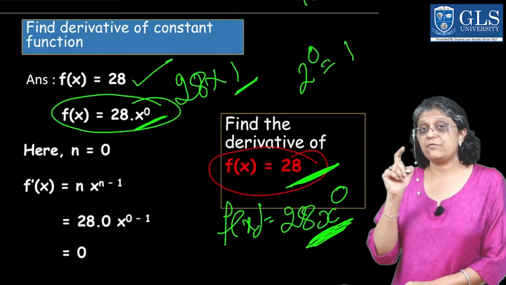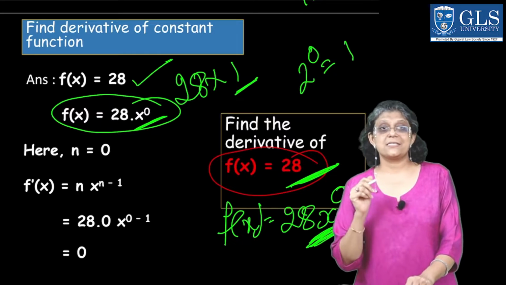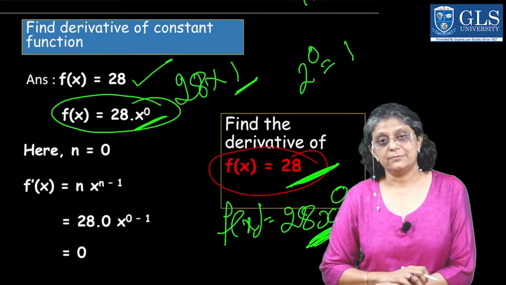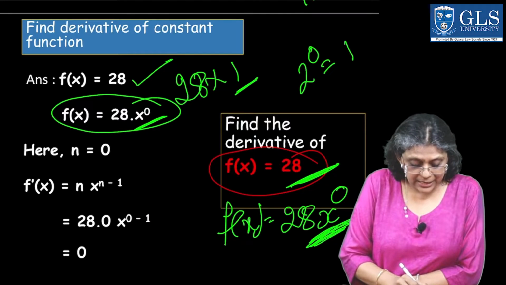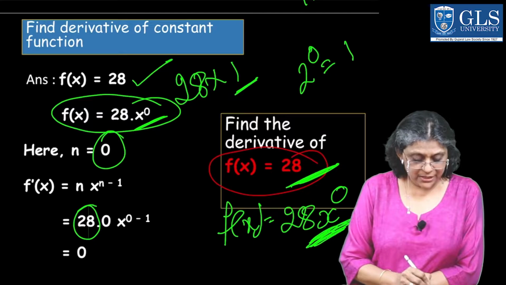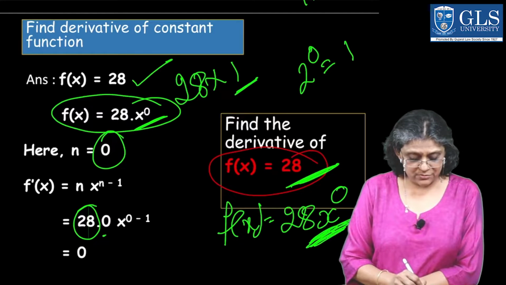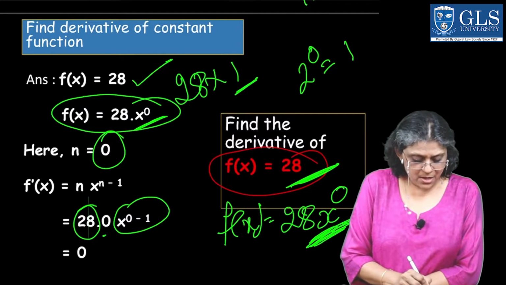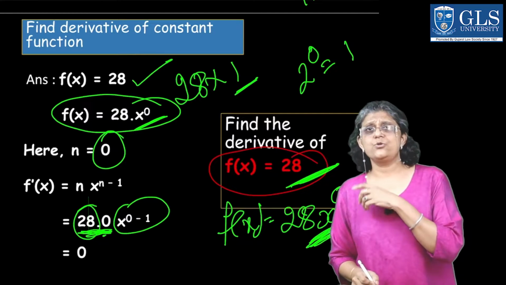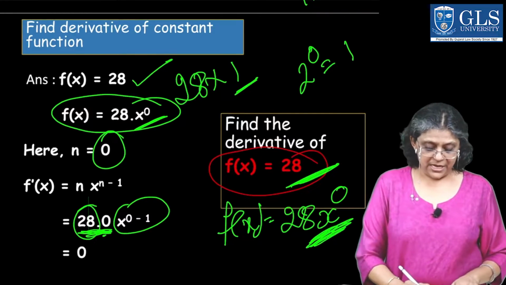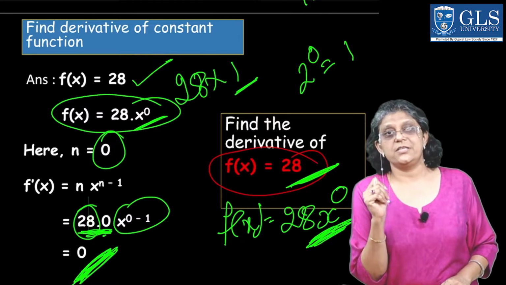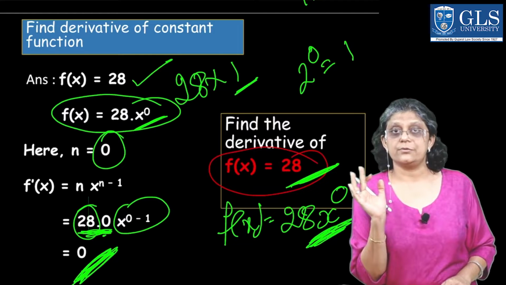Because I have the formula for derivative of x raised to n is equal to n into x raised to n minus 1. Clear? So what is my n here? It is 0. So putting it in the formula, 28 kept aside, 0 into this is not valid, but I say that 28 into 0, and any number into 0 will give me 0, and hence I got the answer that the differentiation of a constant is equal to 0.